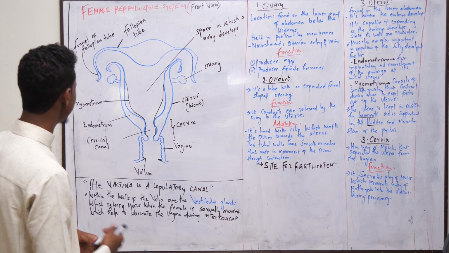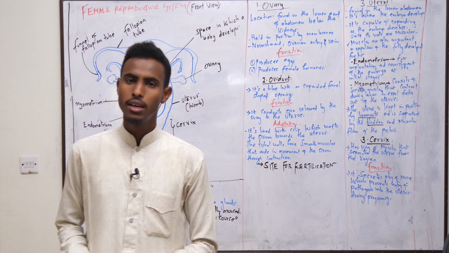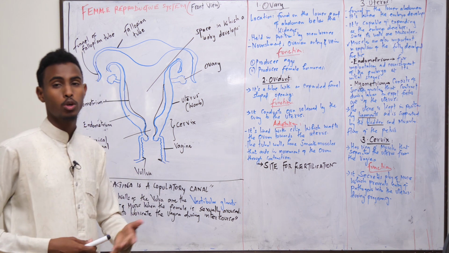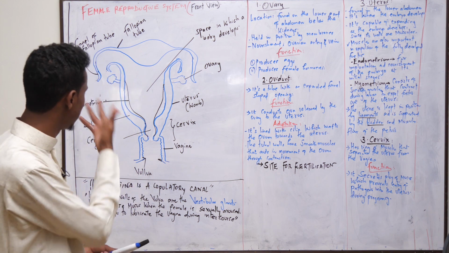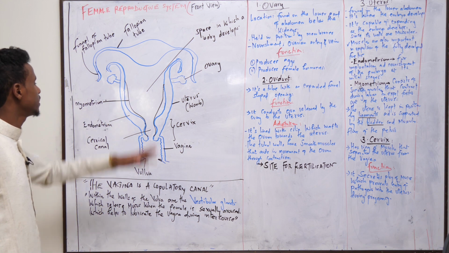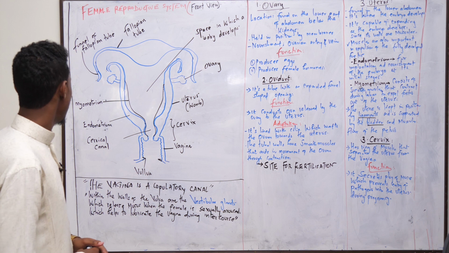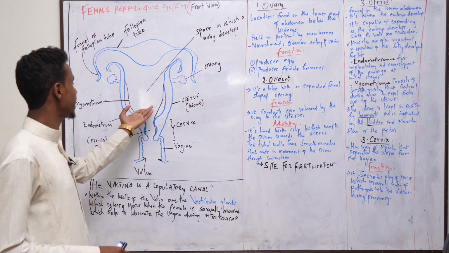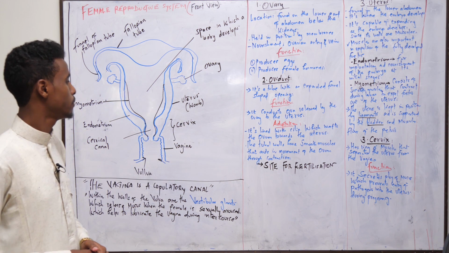The uterus again is kept in position by ligaments, and it gets support from the bladder as well as the muscular floor of the pelvis.